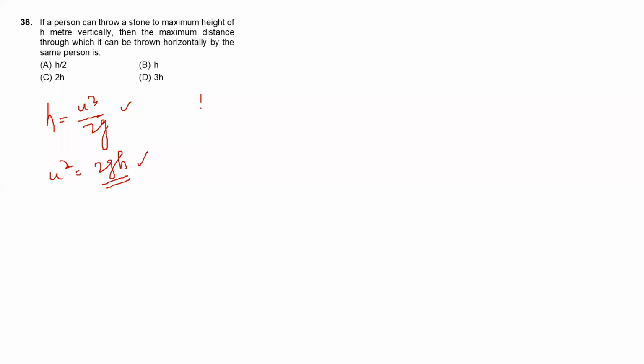Actually, maximum horizontal distance means R max. R max is equal to u square sine 2 theta by g. Here I want to find how far it can be thrown horizontally.